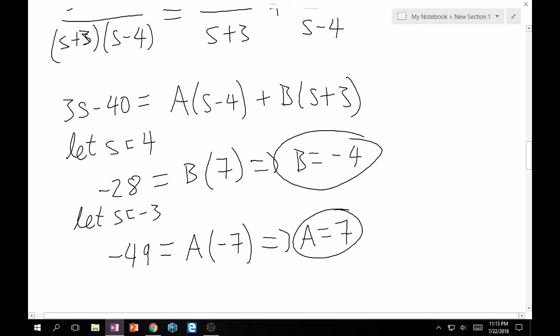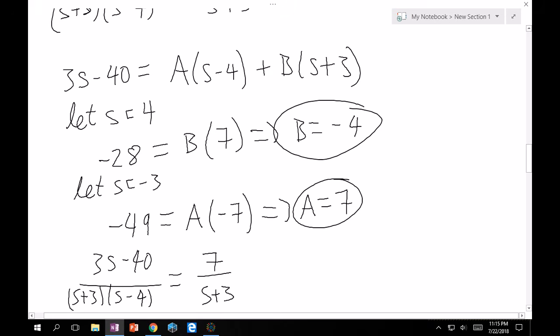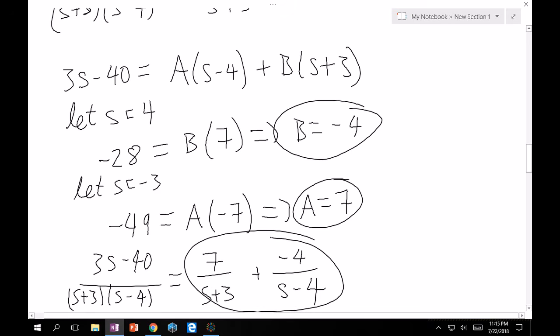And so what this means is that (3s - 40) over (s + 3)(s - 4) is equivalent to 7 over (s + 3) plus -4 over (s - 4). And that's the whole goal with these. We prefer the right-hand side as opposed to the left-hand side, because it makes it easier to deal with, right?